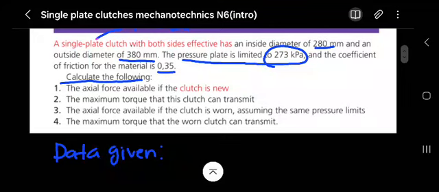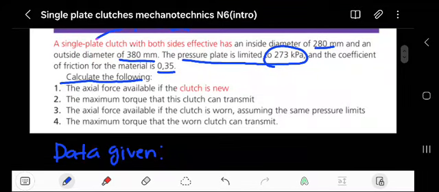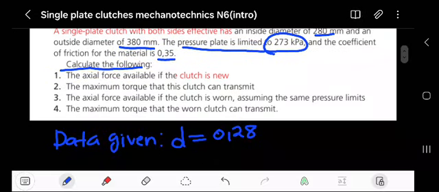What are we given here? Inside diameter, I'll call it D, is 280. When I divide by 1000, 280 divided by 1000 would be 0.28. But now remember, we're dealing with the radius.